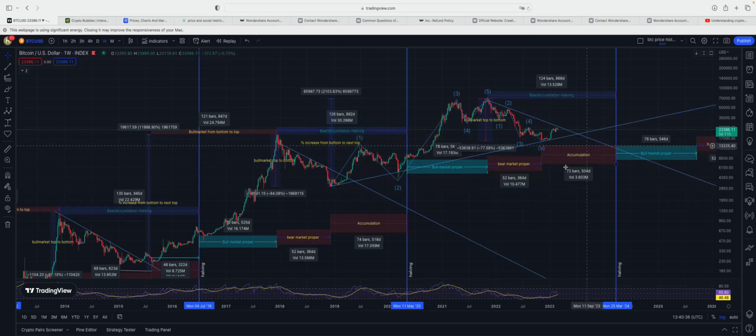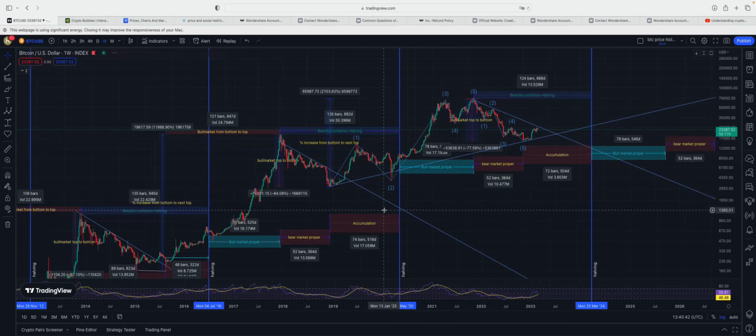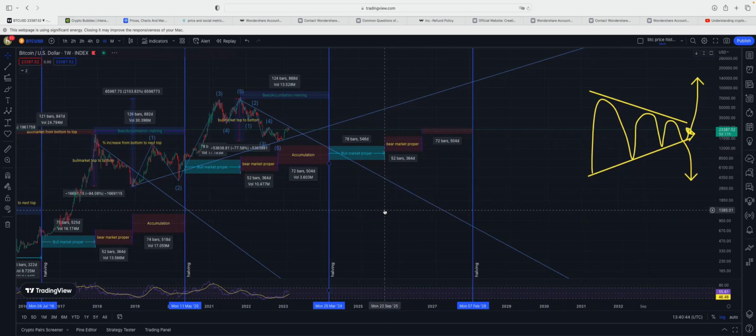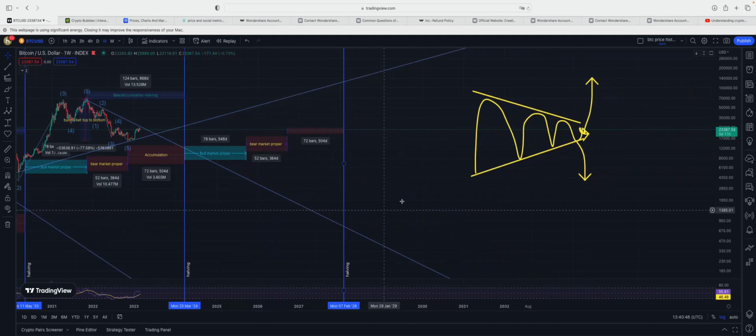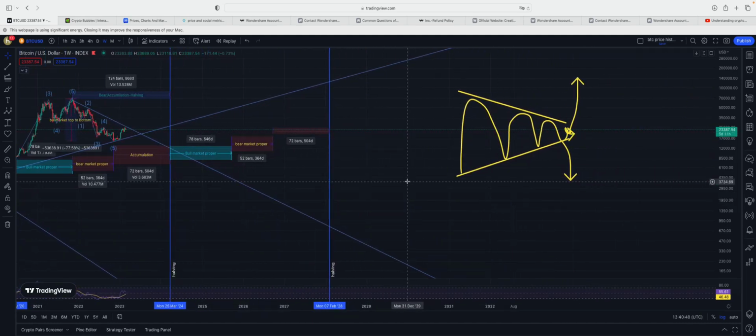So it is all coming to a single point, which may be here. We cannot put all of that in one chart because it's a bit more abstract, but the way price is behaving, it is going to this single point. And the fake move may be BTC going to 3,000.